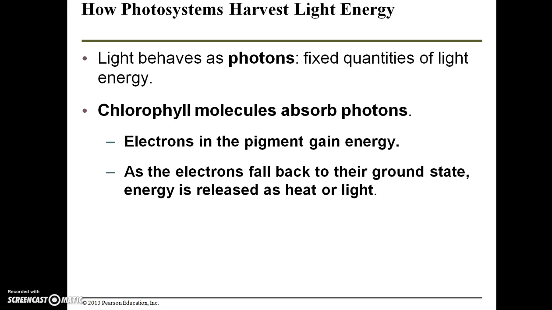As the electrons fall back to their ground state, energy is released as heat or light. This is one of the reasons why really dark surfaces like black or very dark gray pavement gets very hot in the summer, because the electrons in those pigments are falling back down to their ground state after light strikes them, and they're releasing heat as a result.